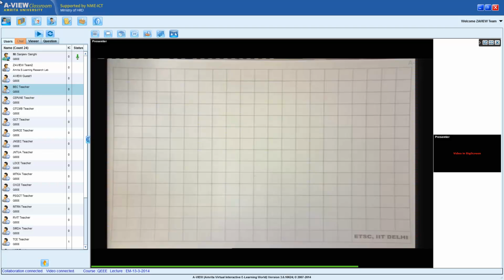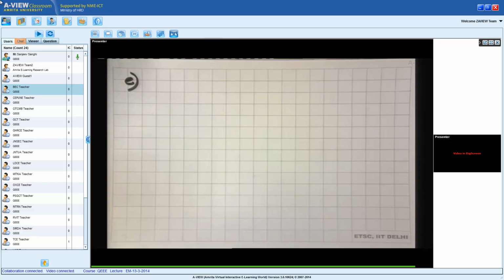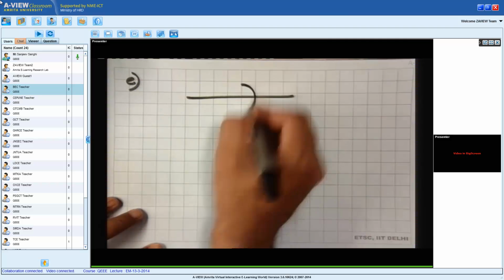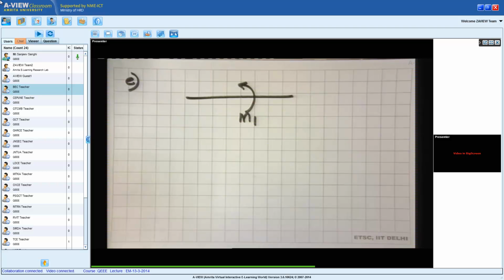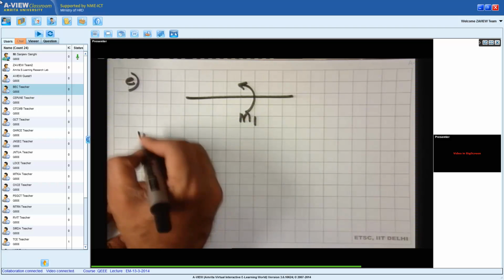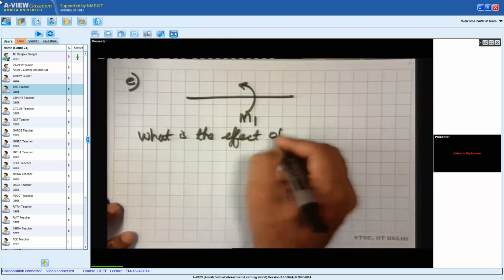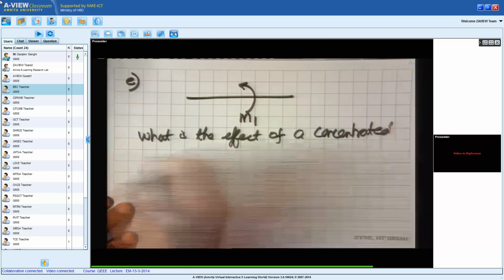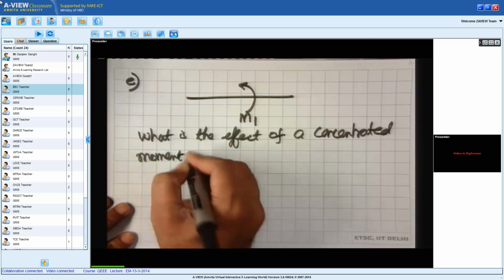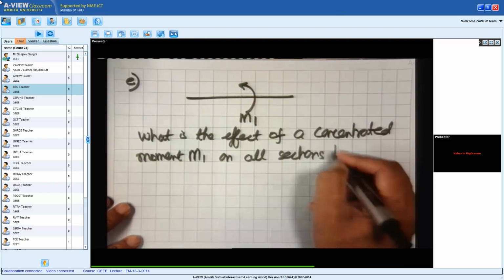Now we also have a third thing, and this is the third thing in terms of notion, but in terms of formula this will become the fifth thing. What happens if there is a moment M1 which is acting? What is the effect of a concentrated moment M1 on all sections to the right?